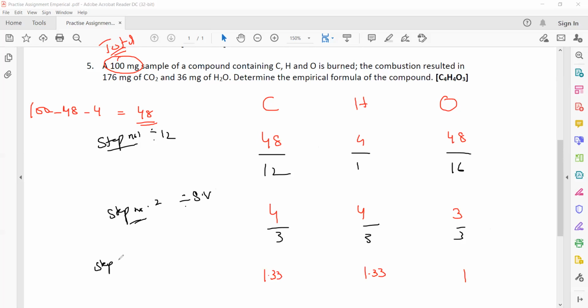Then step 3: we make them in the simplest whole number ratio. Since 1.33 is there, we multiply all of them by 3. 1.33 multiplied by 3 is 4, so 4, 4 and 3. So the empirical formula of the compound is C4H4O3.